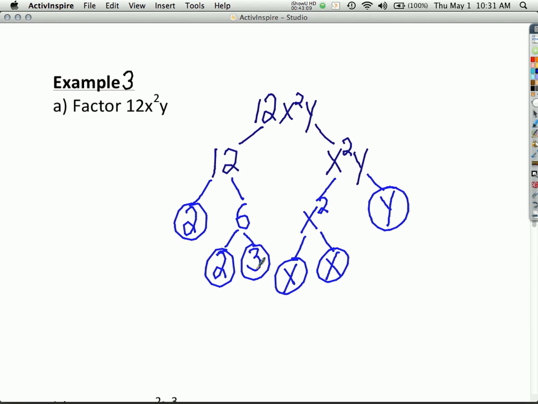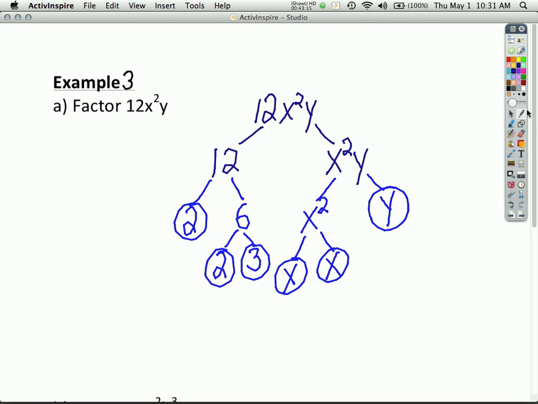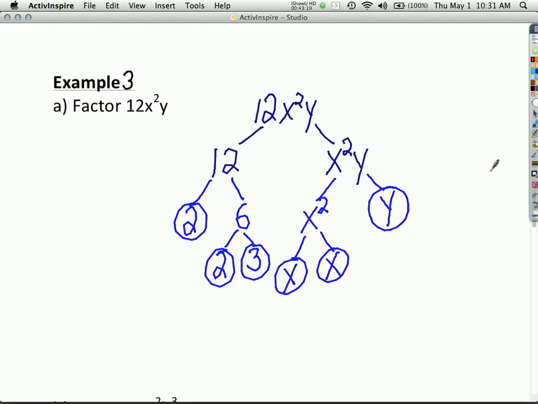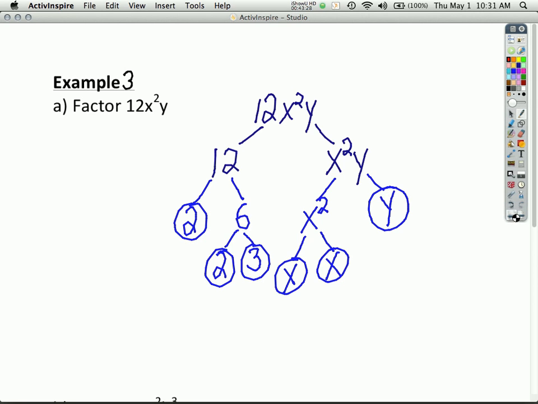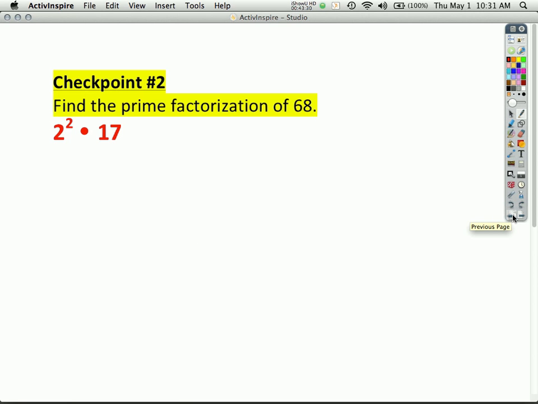Now we need to write it out as a prime factorization, but there's one change, so don't start writing. When we're doing an algebraic expression, we don't use exponents. And you're going to learn why next time I see you. So you're just going to have to remember this little rule, that when we're doing just numbers like this, we use exponents.